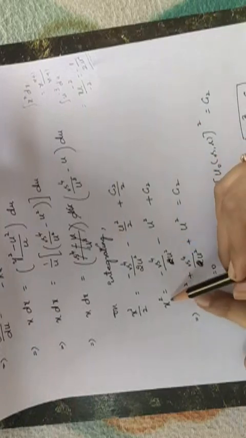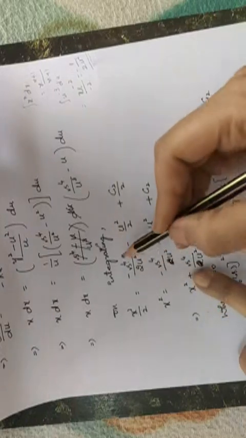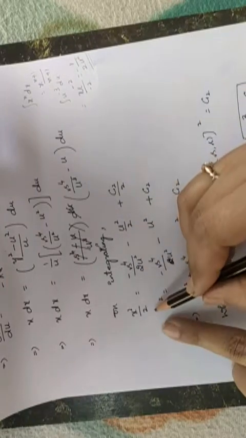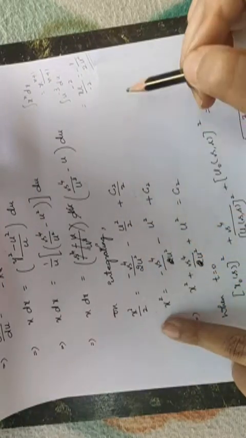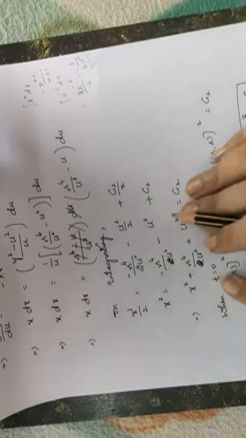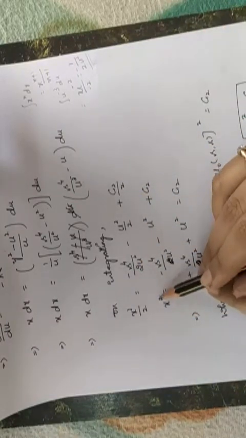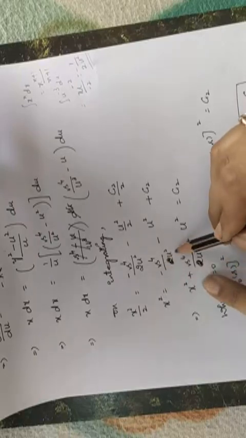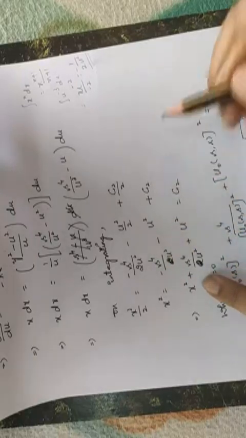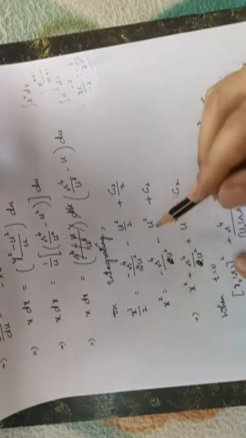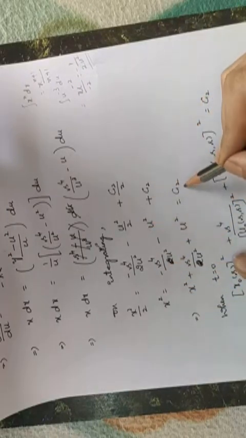Now x square will be s power 4. I have just divided by 2, so I can cancel out all the 2's, right? So I will get x square is equal to minus s power 4 by u square minus u square plus c2. I am just rewriting this equation for c2.